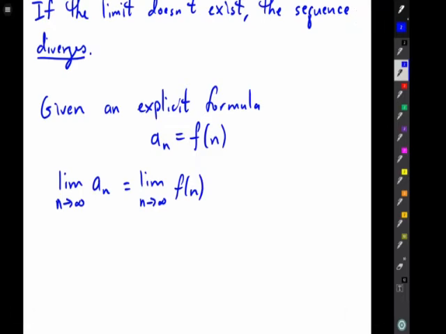Now, technically speaking, the domain of this function f is just integers like 0, 1, 2, 3, 4, and so on. But we can just think of this as a normal real-valued function, where we can plug in any number, and so we can apply the same kinds of techniques we normally would.